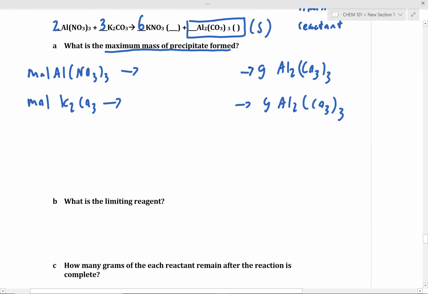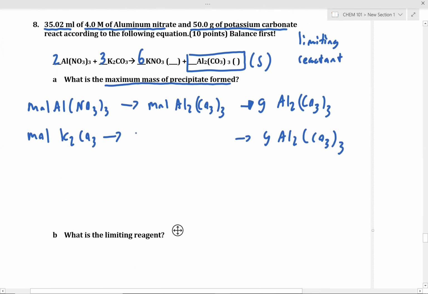So then, let's put this into practice. So we're going to go from moles of aluminum nitrate to moles of aluminum carbonate. And we're going to go from moles of potassium carbonate to moles of aluminum carbonate.